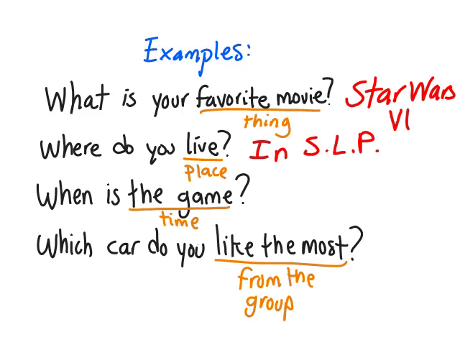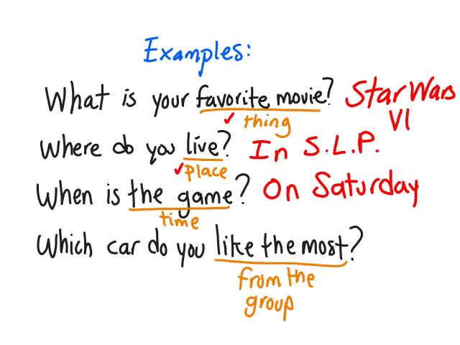Number 3, when is the game? Okay, we have to specify. We can say it's on Saturday. Okay, as you can see, the things we're asking refer to our question word. We don't say, when is your favorite movie? Well, if we ask that, we have to say when it's going to start, not what movie it is.